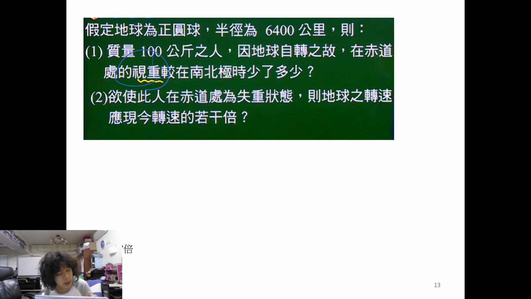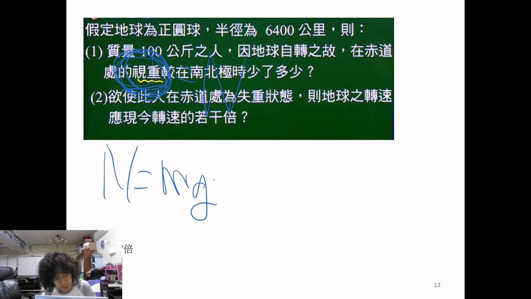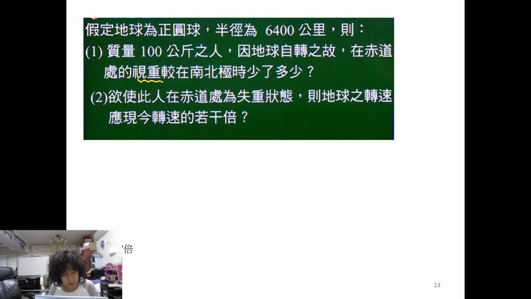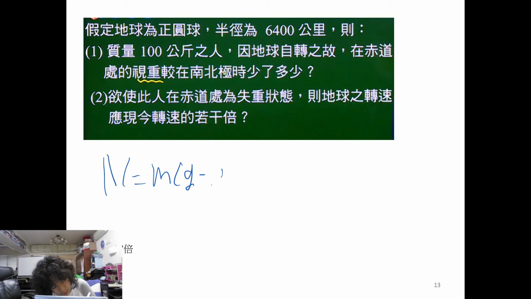N equals mg minus m AC, which is N equals m times g minus AC. How much is g? I will use 10, minus AC.